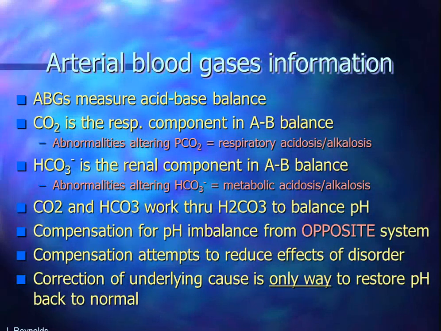So, reminder, look at the second bullet. CO2 is the respiratory component in acid-base balance. Your lungs control it. Bicarbonate is the renal component in acid-base balance, controlled by the kidneys.